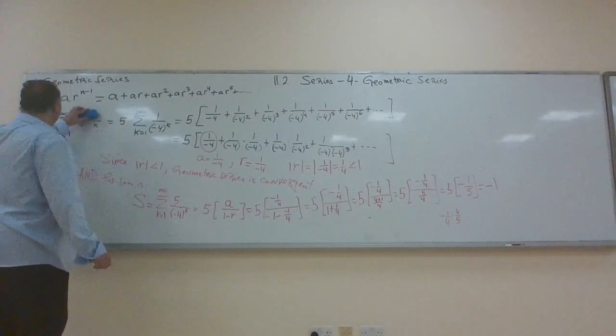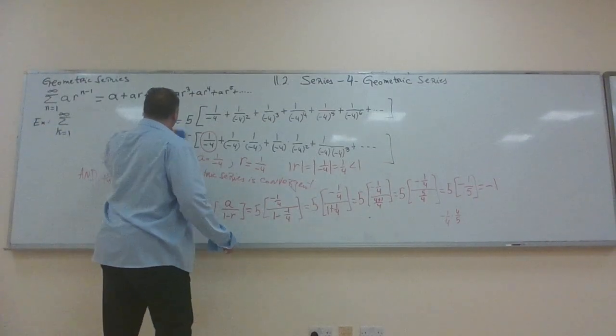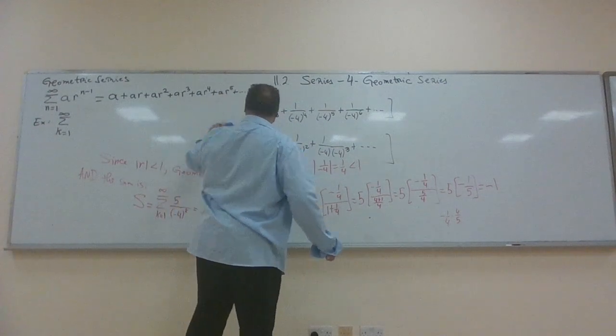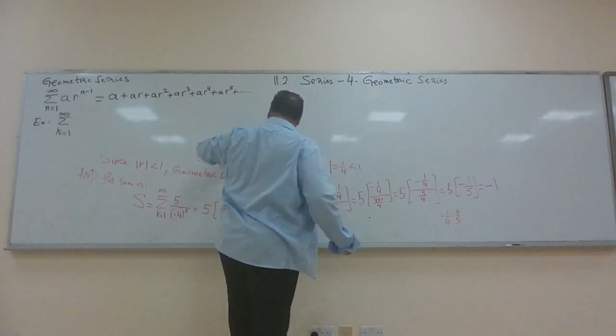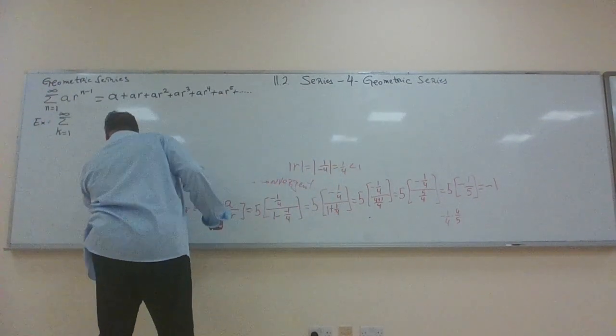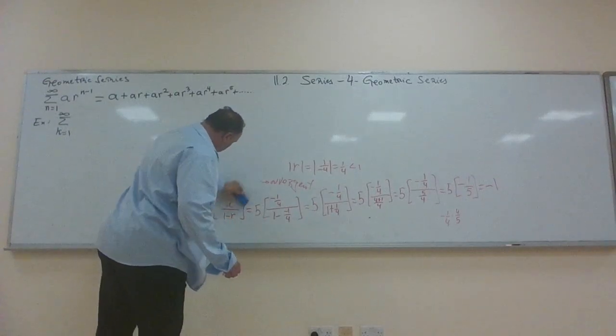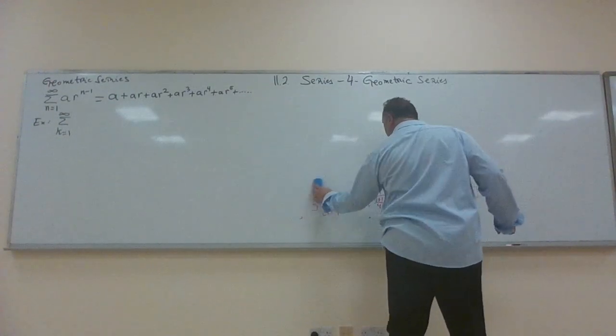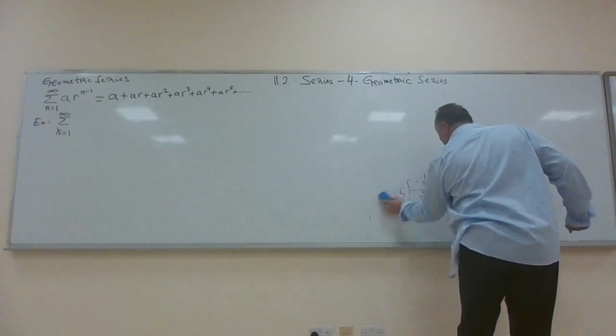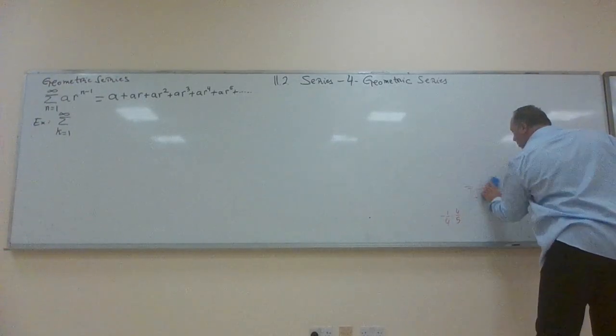So let's say we have something a little bit more challenging. Obviously, when R in absolute value is greater or equal to 1, the series will be divergent.